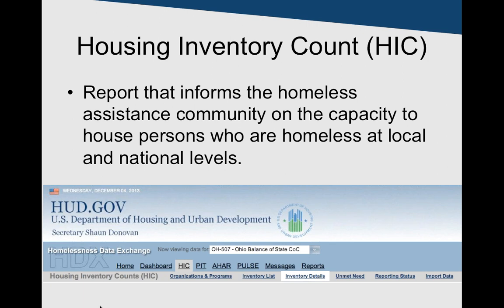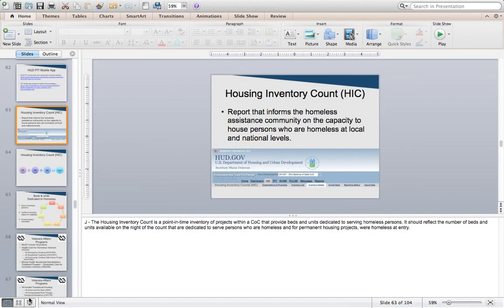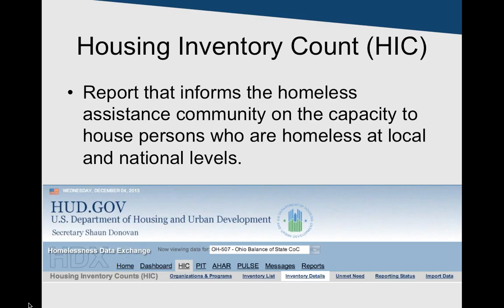So in case somebody was living in a tent encampment that you didn't know existed, and you didn't have the opportunity to count them at that place, you can go to your local soup kitchens, food pantries, and drop-in centers, and ask those individuals, were you homeless on the night of January 27th? If so, you can count them in your point-in-time count. Hopefully that helps.